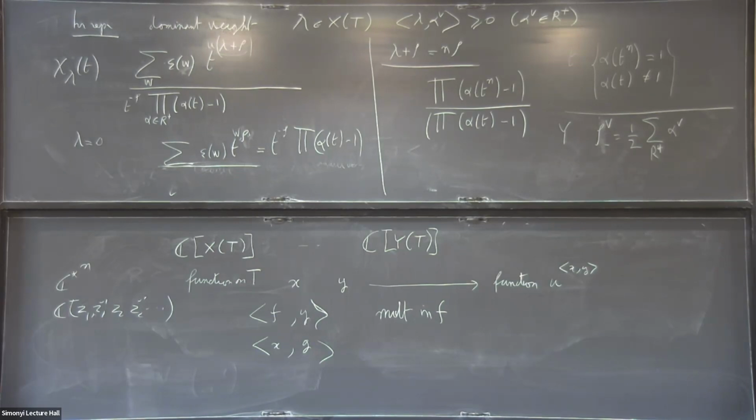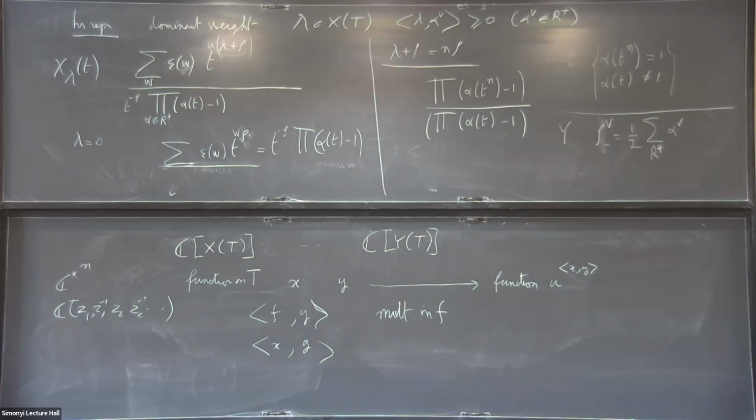What I had first is the sum of epsilon(w) times the element lambda plus rho transformed by w, and I want to understand what this character is on this particular one parameter subgroup.